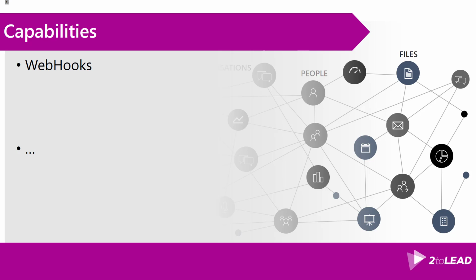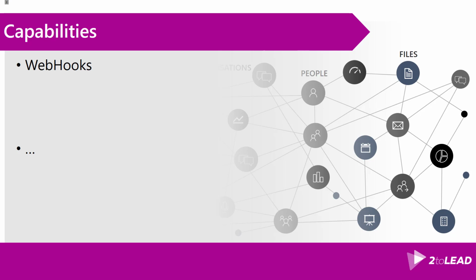In terms of capabilities, there are different capabilities that are available on top of the data. The first one being webhooks. The idea of a webhook is to subscribe to some data updates, things like an email was sent, an email was deleted, any kind of thing like that.